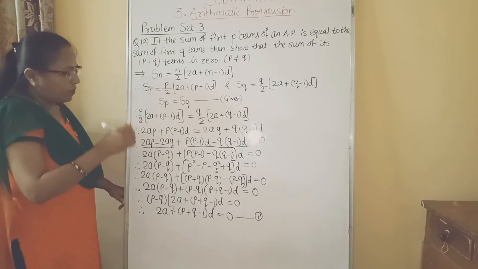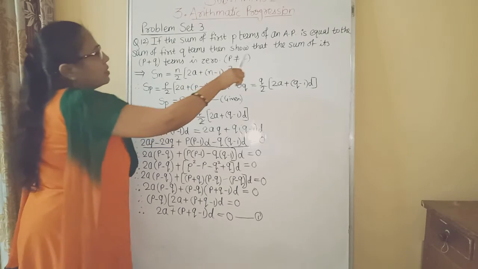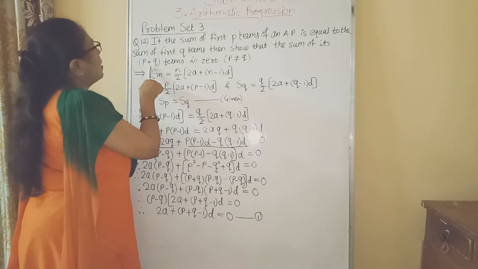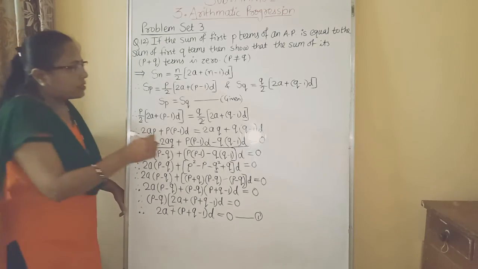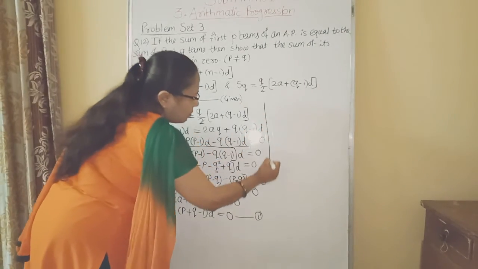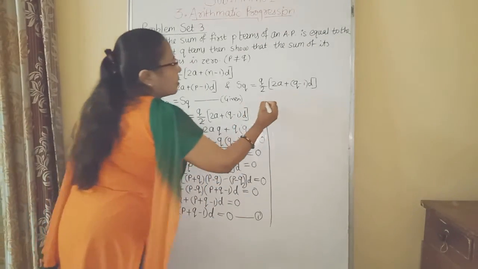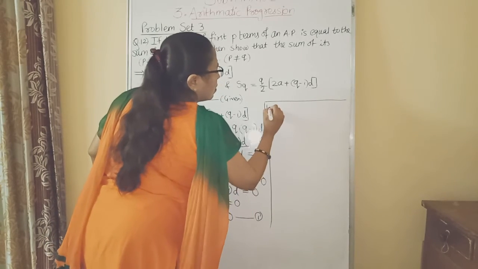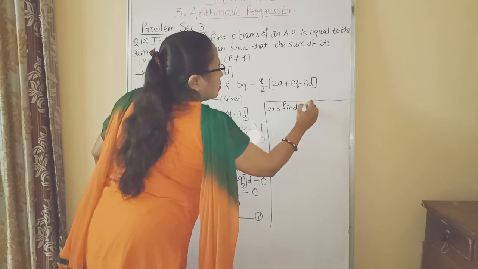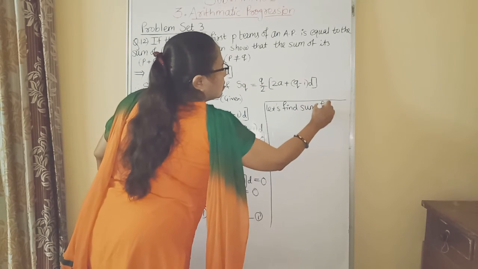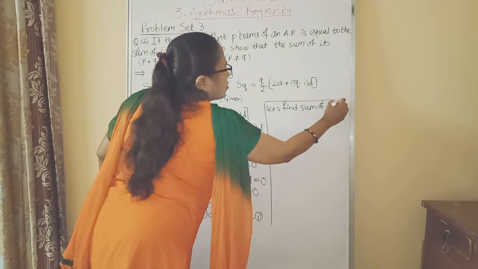Okay. Now what we want to find out? Sum of p plus q terms. So sum of p plus q terms here we will find out. Let's find sum of p plus q terms.